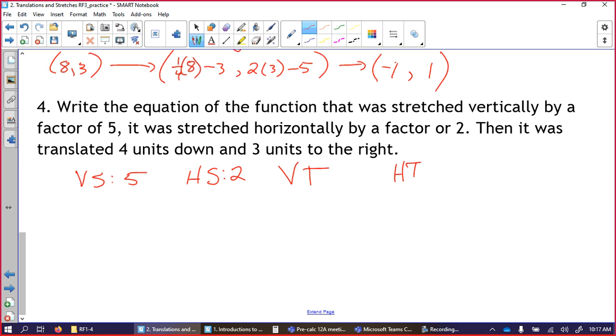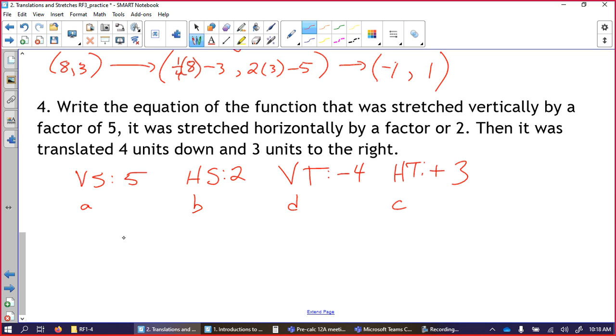So if it's 4 units down, this is negative 4. 4 units to the right on a Cartesian plane is, let's use the right number, positive 3. The vertical stretch, this is A, this is B, technically that's D and that's C.